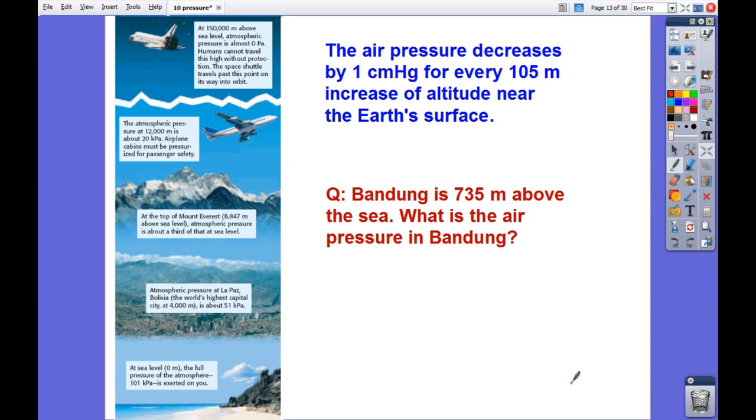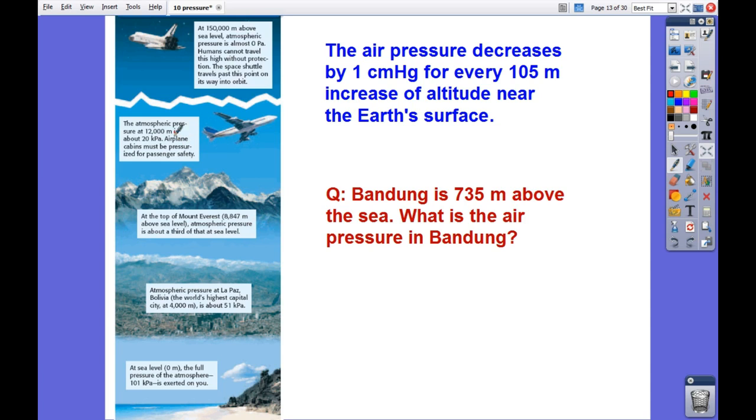And here is an example of how the air pressure decreases as we go up. Here at sea level, the air pressure is 101 kilopascal, but when the height increases to about 400 meters above the sea, the air pressure becomes half of it, and then going above it, the air pressure is about a third.